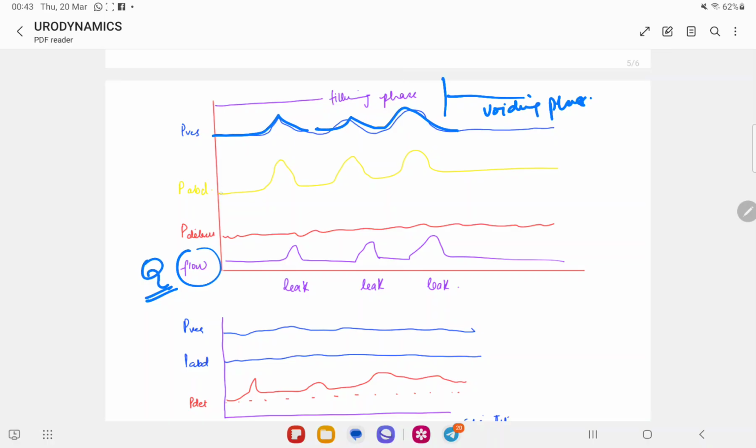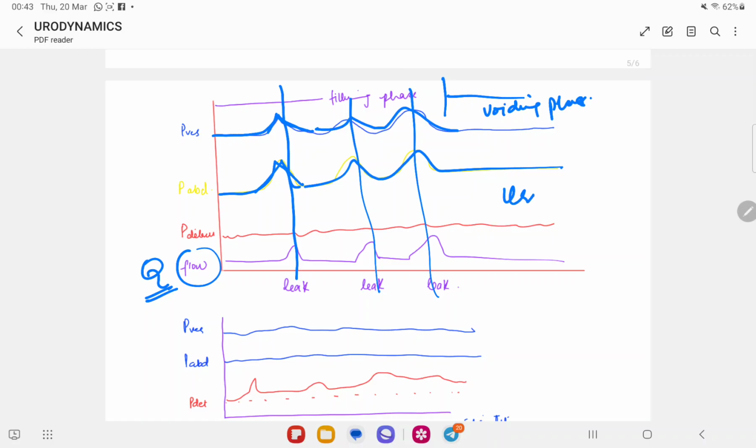In cough, the abdominal and vesical are increasing, but there is no leak. But when you see that the increase in the vesical and abdominal is corresponding to the leak here, it means that it is urodynamic stress urinary incontinence.